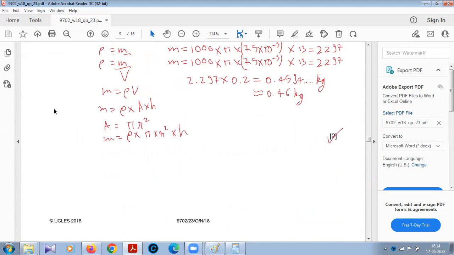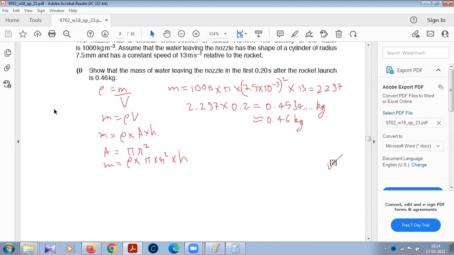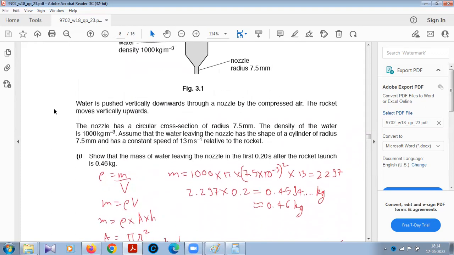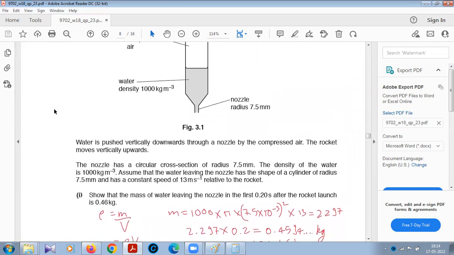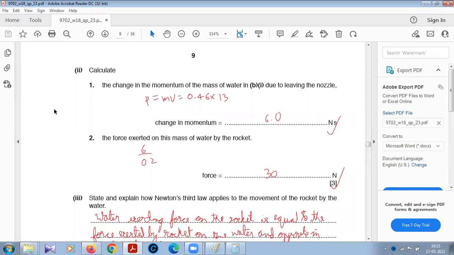So in B1 they are asking for the change in momentum of the mass of water due to leaving the nozzle.